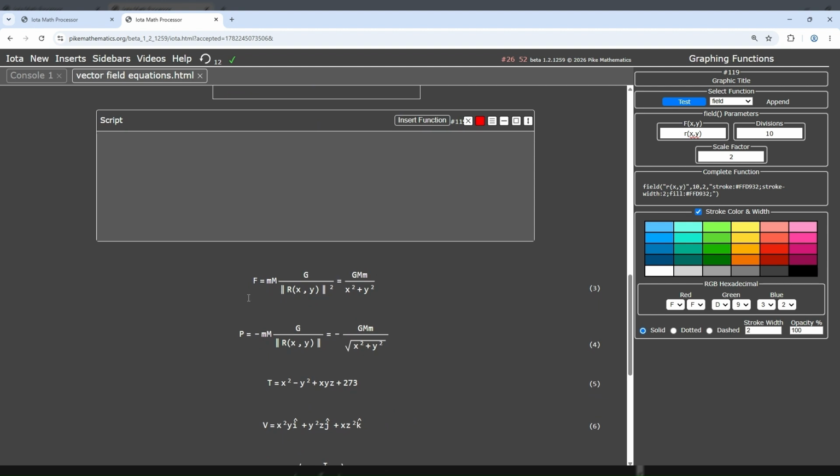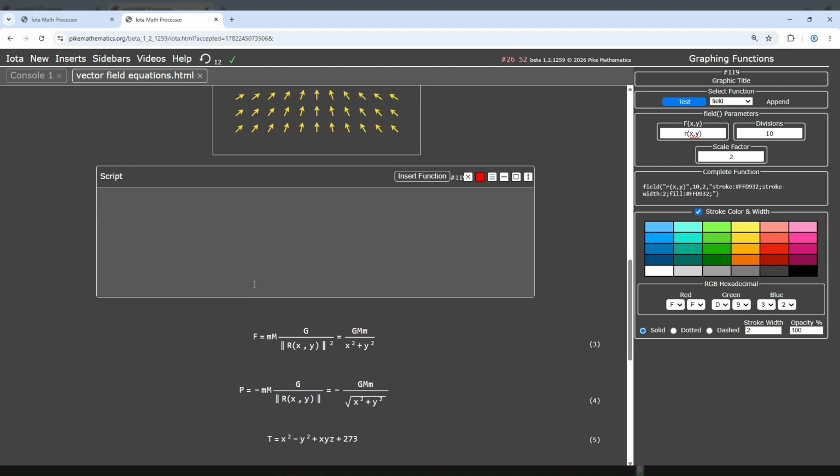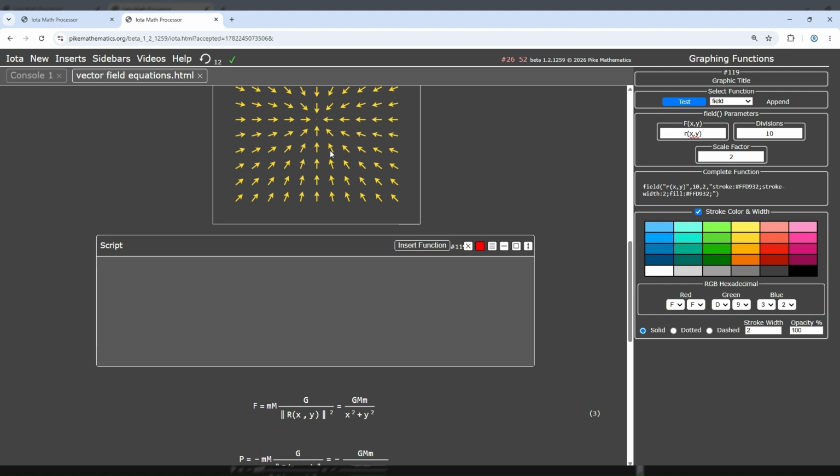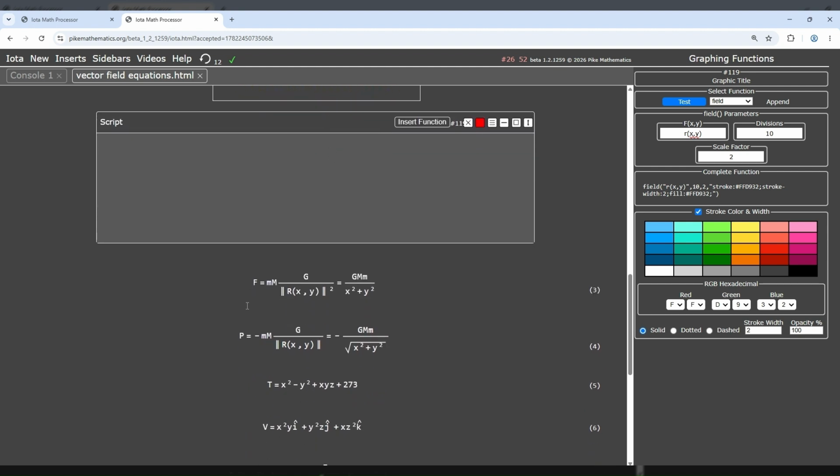The magnitude of gravitational force is the big G gravitational constant times the mass of the first object times the mass of the second object divided by the square of the distance between those objects. Again, that's the magnitude of the force. So if I attach this magnitude to these vectors, I'll get the gravitational field that I want.